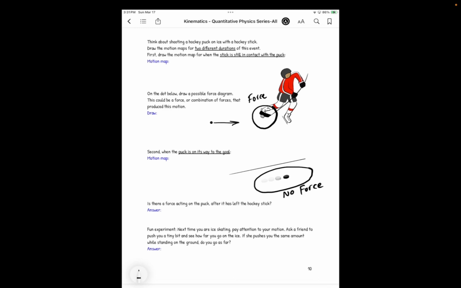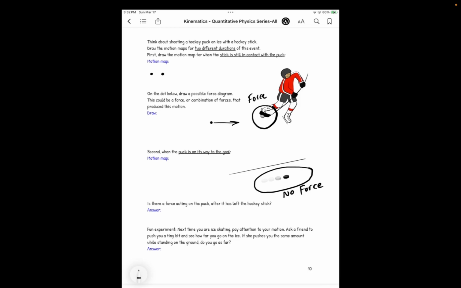So actually, we skipped the motion map. So let's just look at the motion map. If the hockey puck is moving to the right and some force is acting on it, if I draw the first two points for the motion map, how do I draw the rest of these? Would they get farther away from each other or closer together?